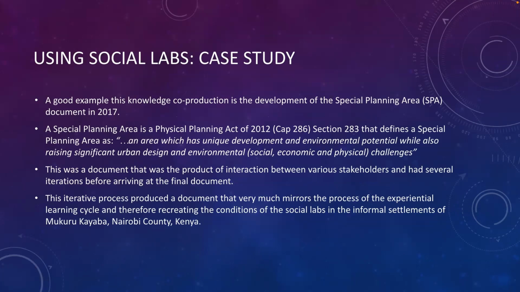This one was a process of agreement between the key stakeholders, the informal settlement community and the government, just as a way of designing interventions in the informal settlement through a process of consensus. Of course, this arose from a kind of social lab, because it brought together all those players together with other universities. And now this developed a document.